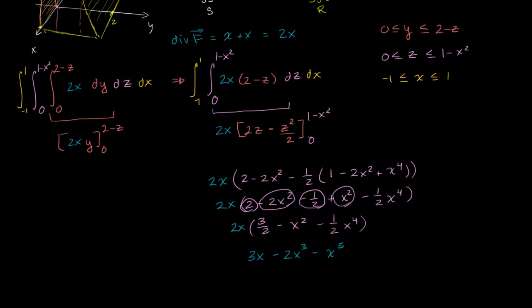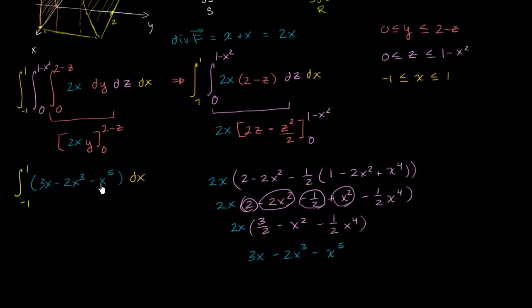So our whole thing simplifies to an integral with respect to x. X will go from negative 1 to 1 of this business of 3x minus 2x to the 3rd minus x to the 5th, and then we have dx.